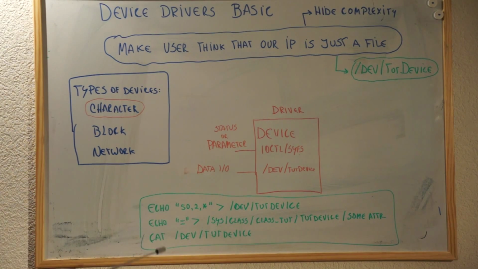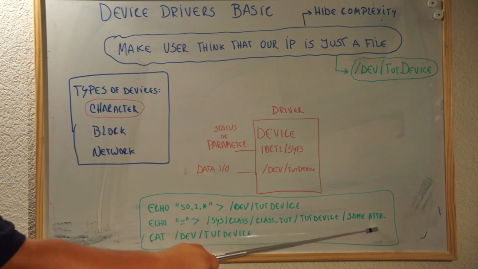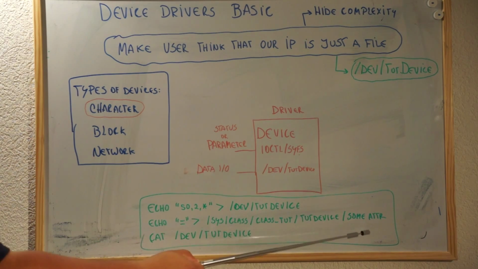So how are we going to use this device? The user will just echo a string like 50, 2, multiplication to the device in /dev. Then he's going to echo the equals character to a sys class attribute of the device, a parameter you can imagine.